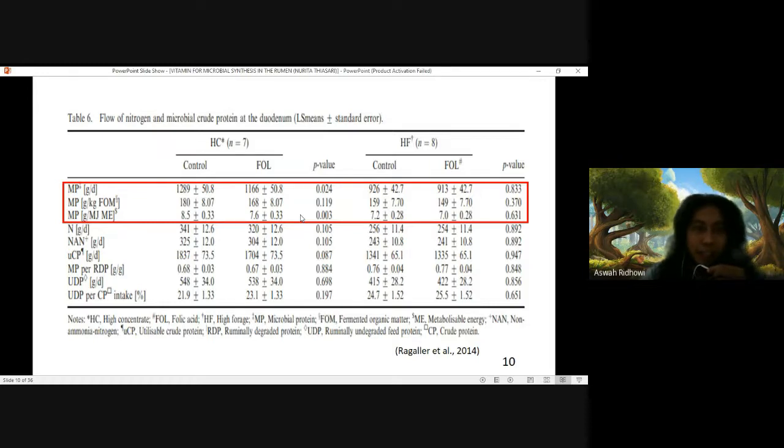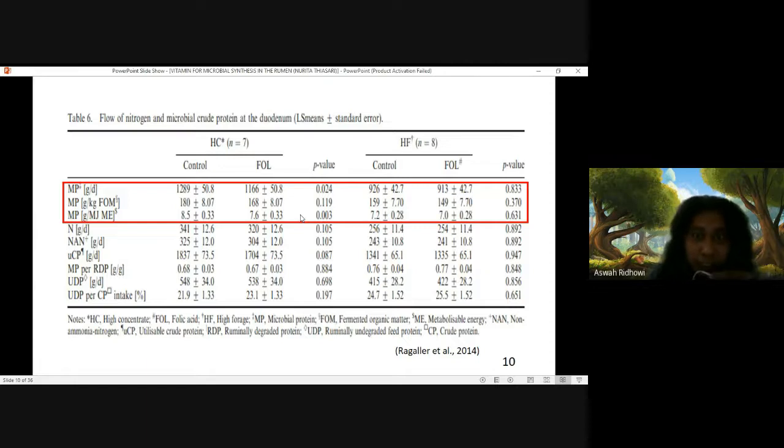Because in this one, we don't know whether it is high or low energy, both in high concentrate and high forage. But if we look at the p-value in this case, can we say that if we provide the high energy from forage and we add the vitamin, what do you call this?